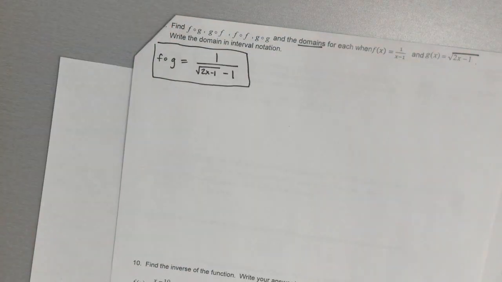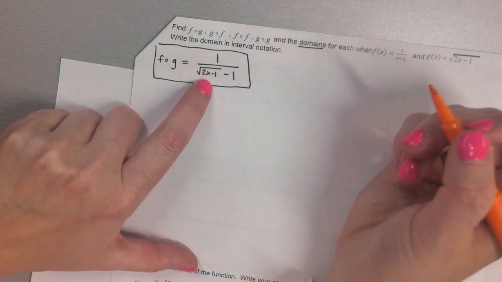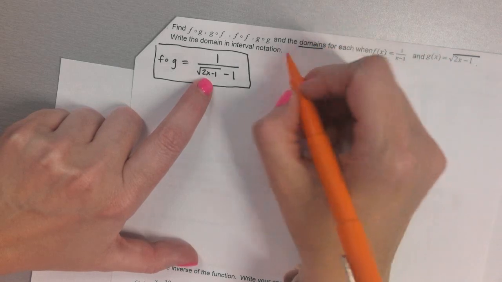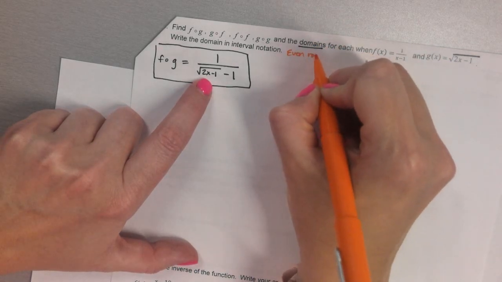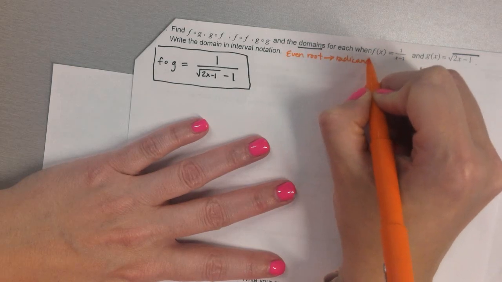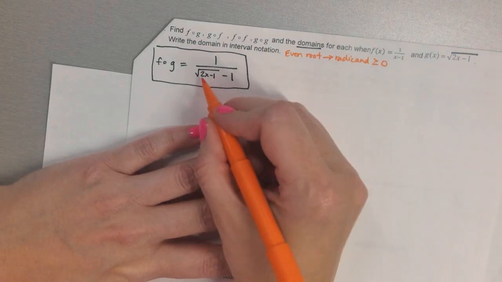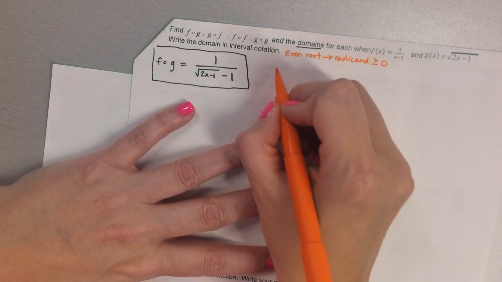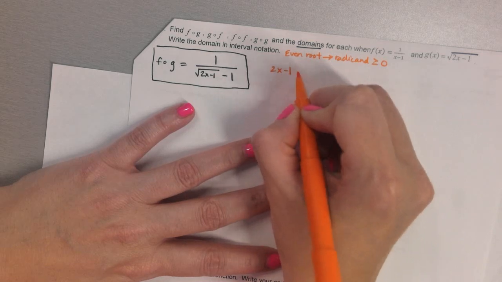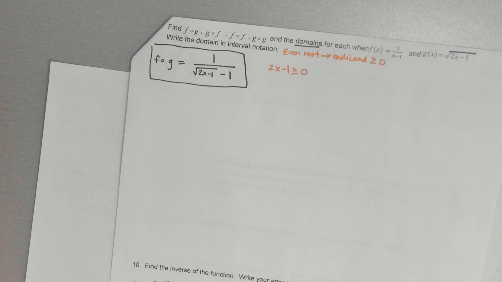Now, when you're doing the domain, sometimes you're going to have to set up 2 separate things here. So one thing we have is the square root. Okay, if you have an even root, whatever's underneath the radicand can't be negative. It has to be greater than or equal to 0. So for the square root of 2x minus 1, you would set 2x minus 1 greater than or equal to 0. What other case do we have here?